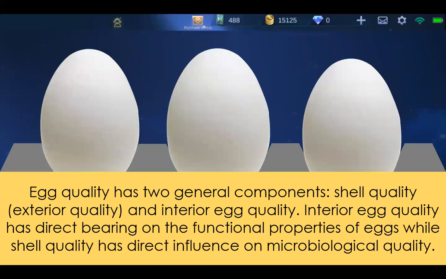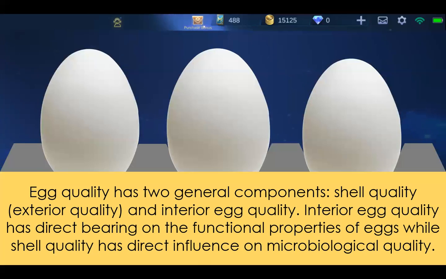As mentioned earlier, egg quality has two general components, the interior quality and the exterior quality. The interior egg quality involves functional, aesthetic, and microbiological properties of the egg yolk and albumen. The proportions of components for fresh egg are 32% yolk, 58% albumen, and 10% shell according to Leeson 2006.